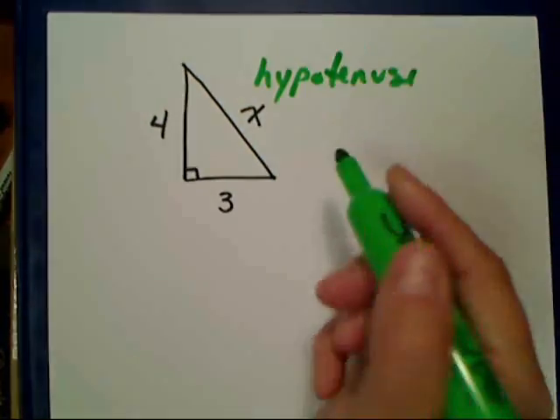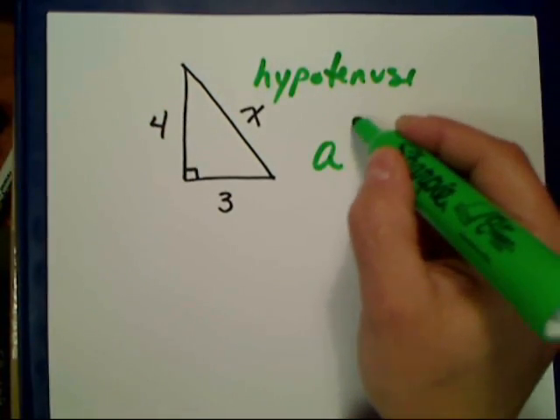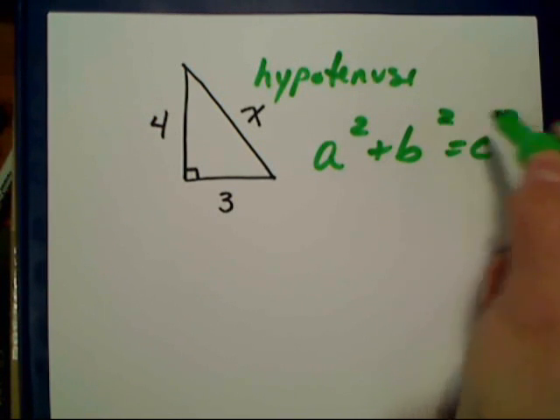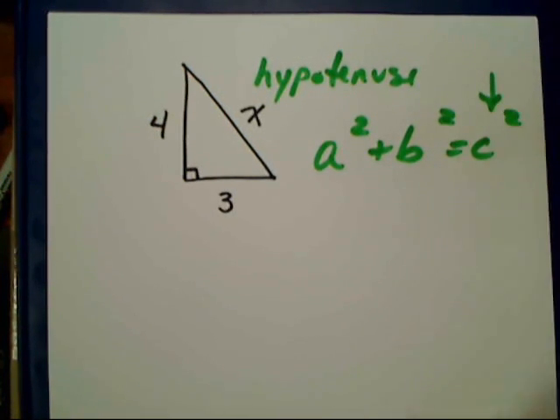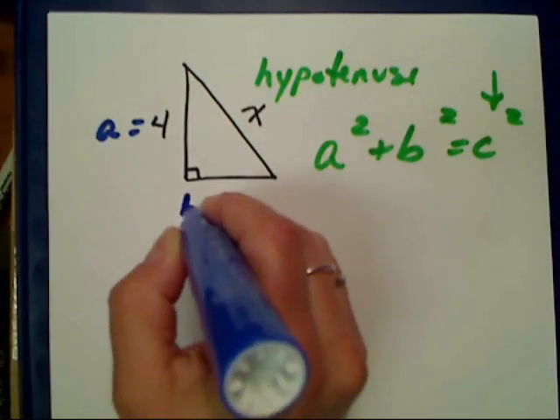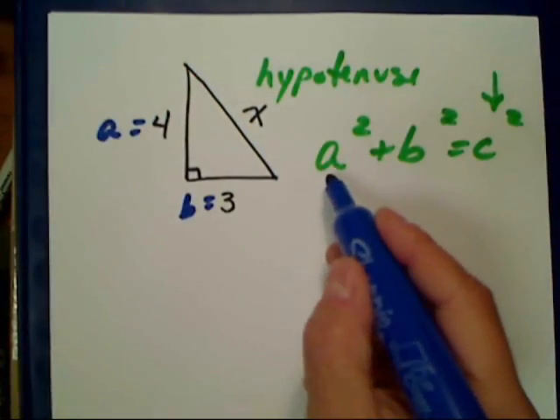So that's what we're solving for. That's what we don't know. In our formula of a squared plus b squared is equal to c squared, the hypotenuse is always c. So we don't know c. Does not matter which we say is a or b for our legs. I'll just go in that direction. Now we replace the a.